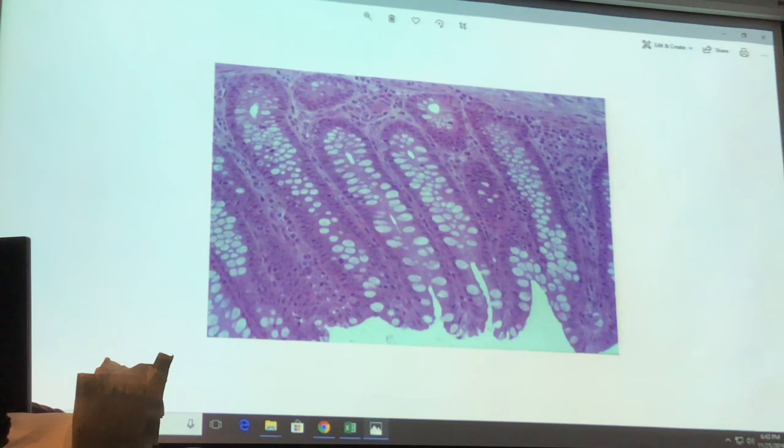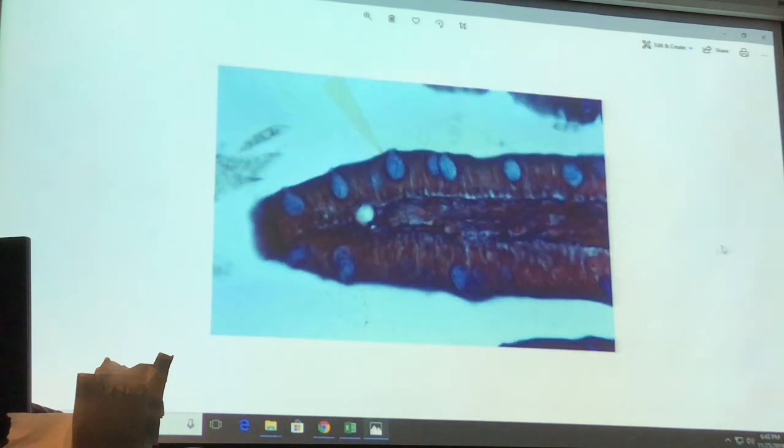Look at the same thing. This is the mucosa. This is kind of highlighting the large number of goblet cells that are present in the large intestine. And here we have a portion of large intestine. You see the goblet cells, see the simple columnar epithelium. This is lamina propria. This is just yet a different type of stain.